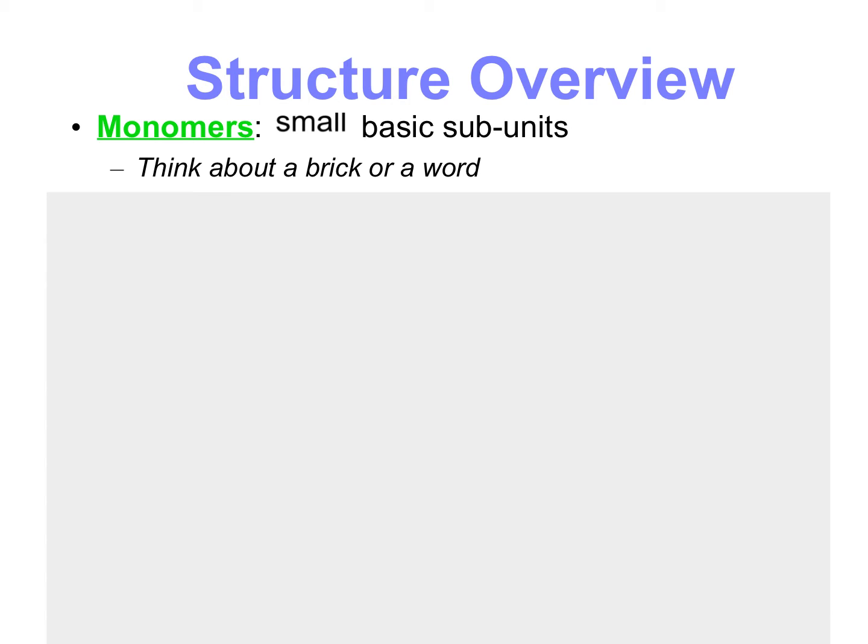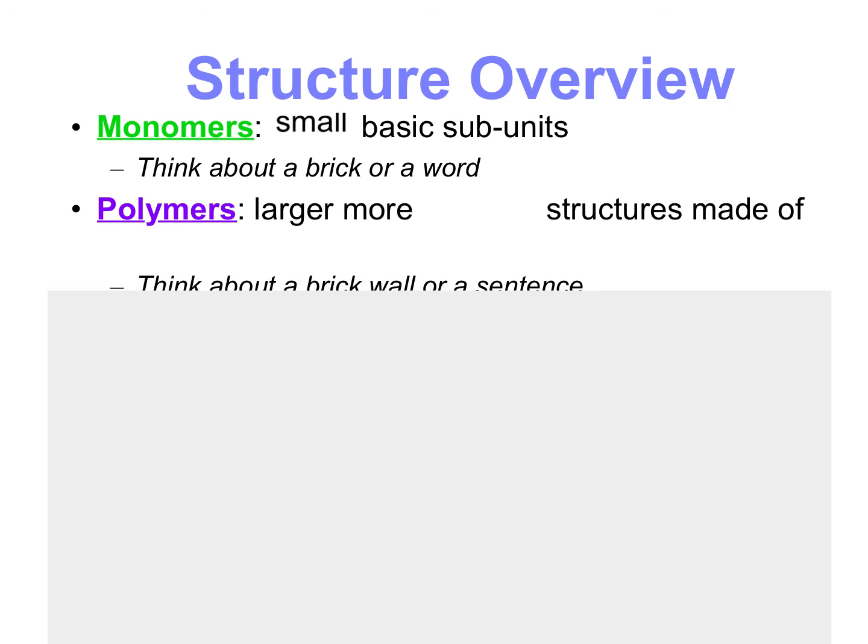So if you're forming a house, you're going to build it with individual pieces of bricks. If you're forming a sentence or if you're writing a story, you're writing that with individual little words, adding them all together to make the big picture. So monomers are the small units, which then brings us to our next piece, which are polymers. And polymers are the larger and more complex structures, and these are made up of our monomers.